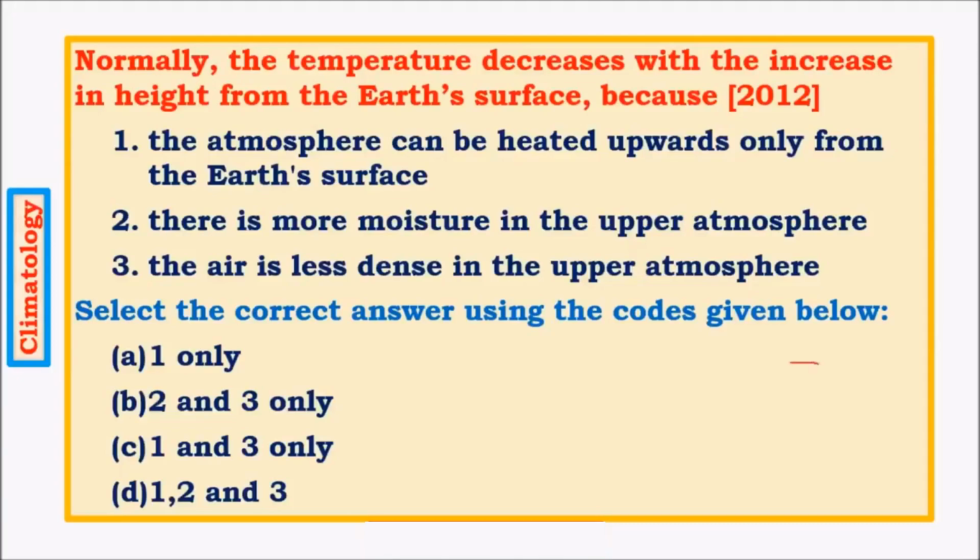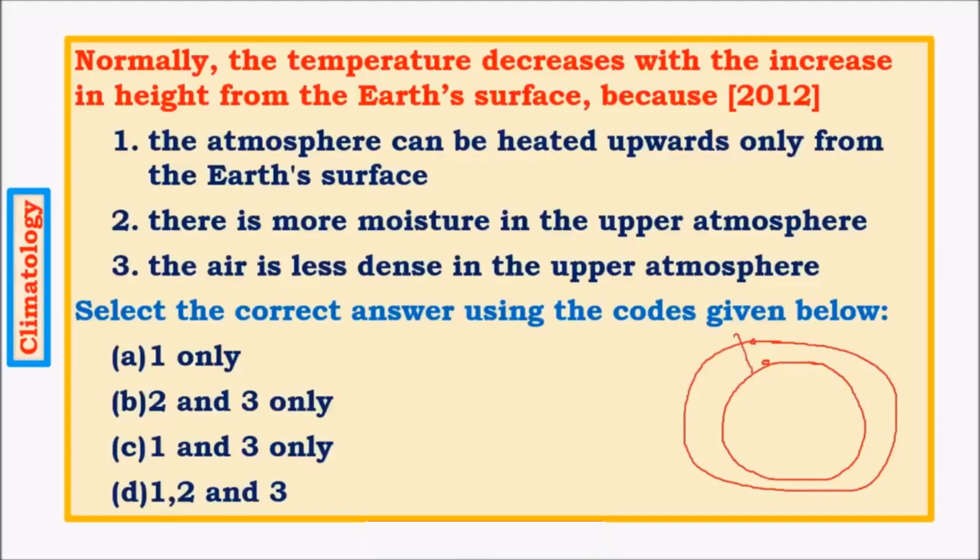We have studied in the atmosphere that the troposphere has a certain amount of air pressure, where the lower troposphere is at greater pressures, whereas the upper troposphere is at lesser pressures. This is nothing but air is less dense as we move upwards. This is what the point says. The air is less dense in the upper atmosphere.